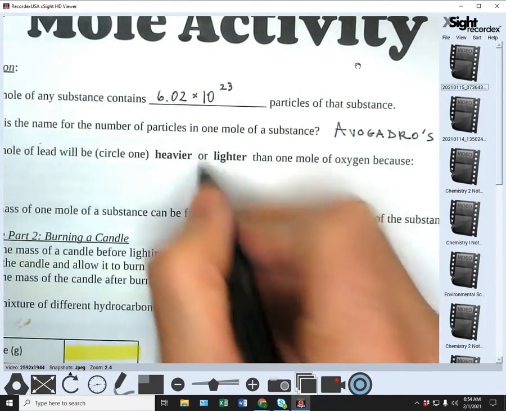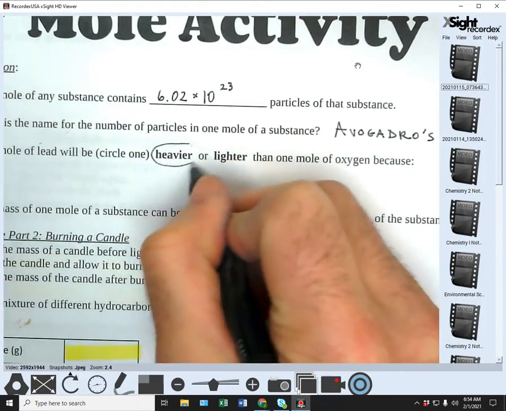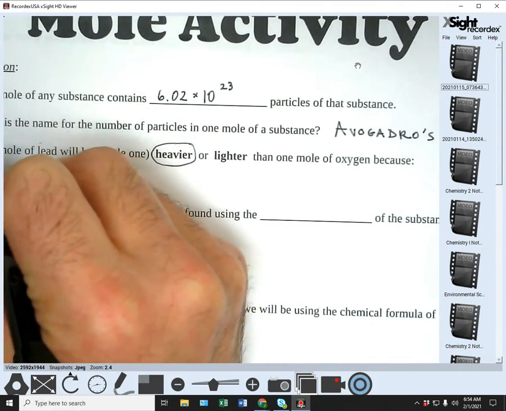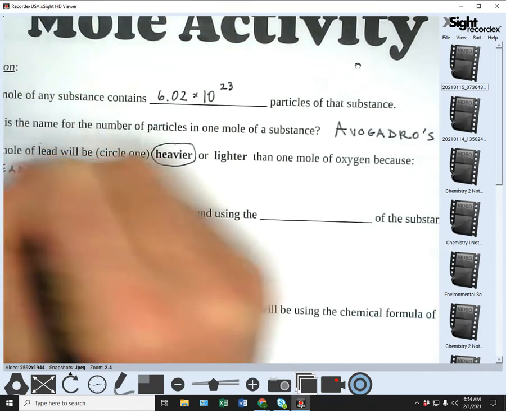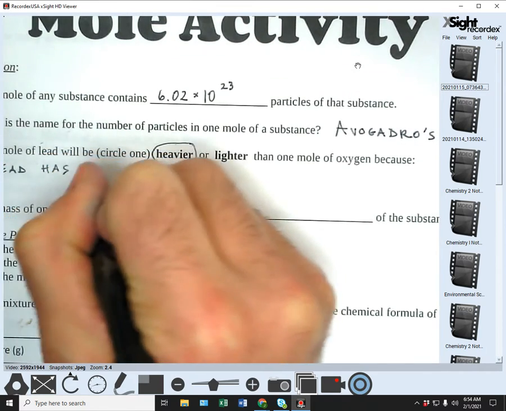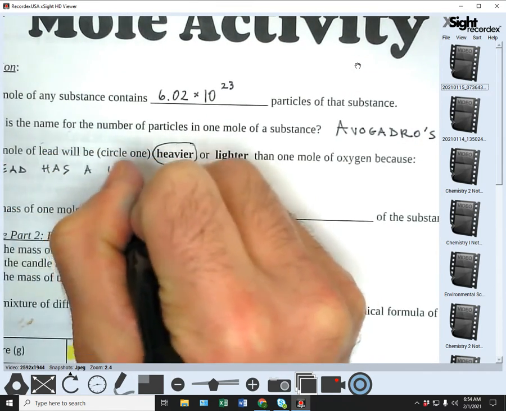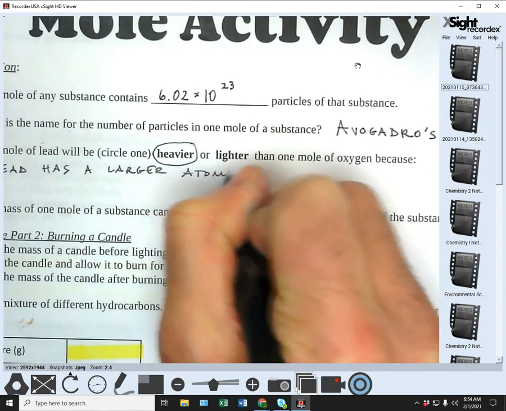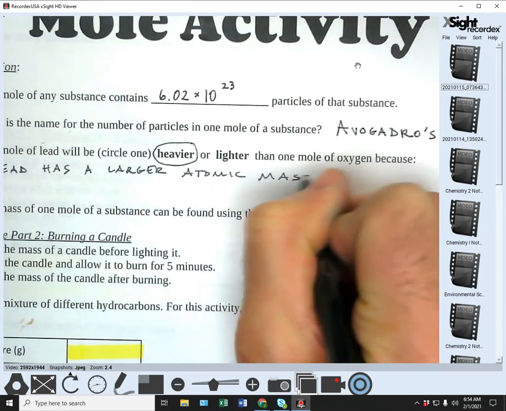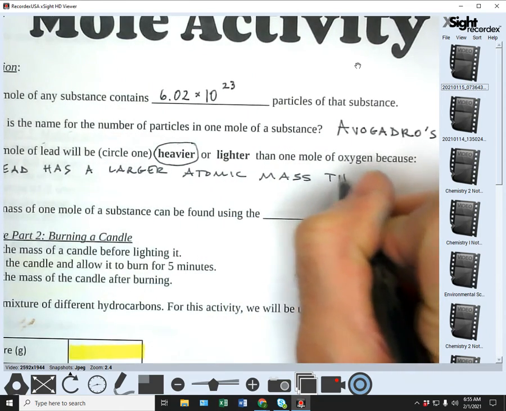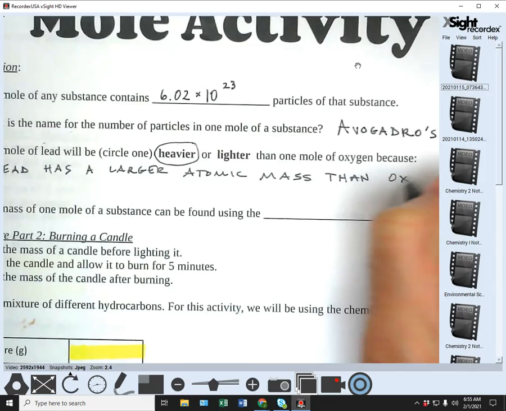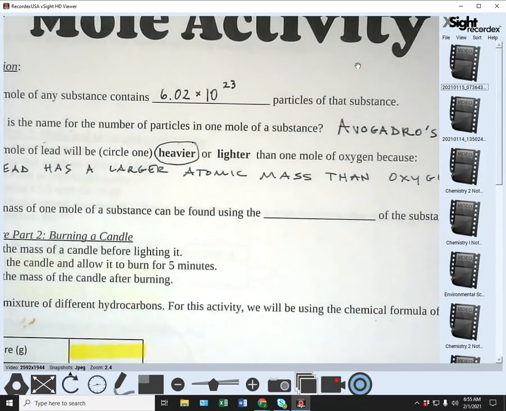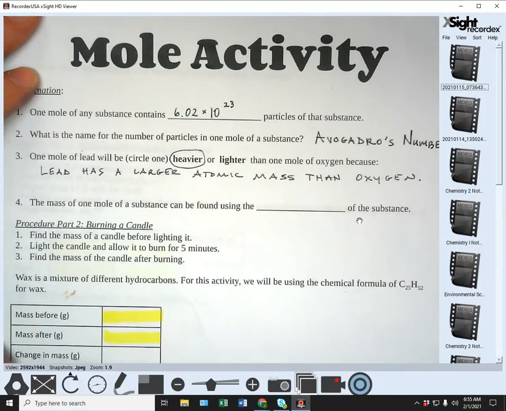So 1 mole of lead will be heavier because lead has a larger atomic mass than oxygen. Okay. Oh, sorry. Yes, we could zoom out a little bit there. There we go.